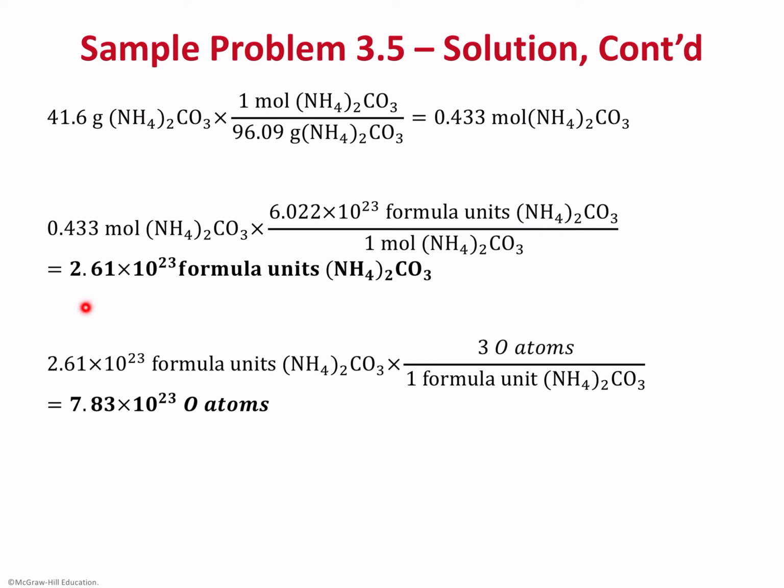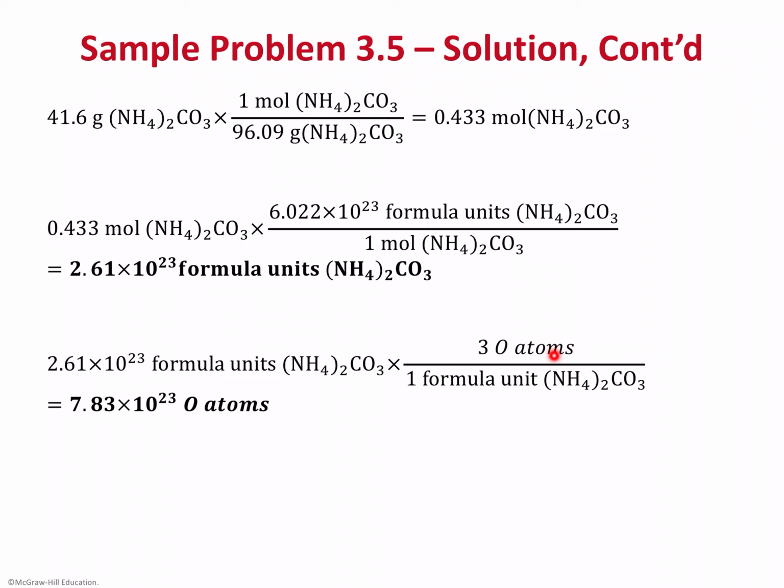Now, in the previous calculation A, we found this many formula units in 41.6 grams of ammonium carbonate. And in this compound, how many oxygen atoms? Out of the formula units we have, 1 formula unit of ammonium carbonate has 3 oxygen atoms.